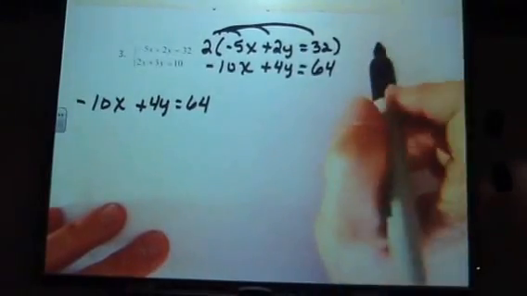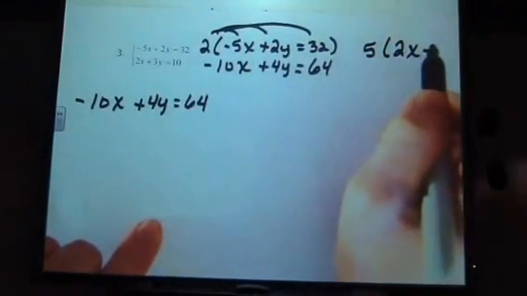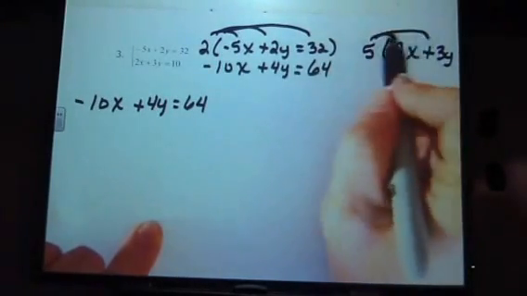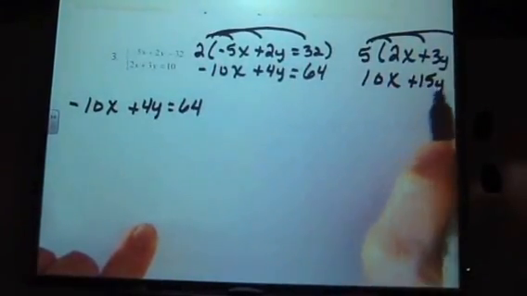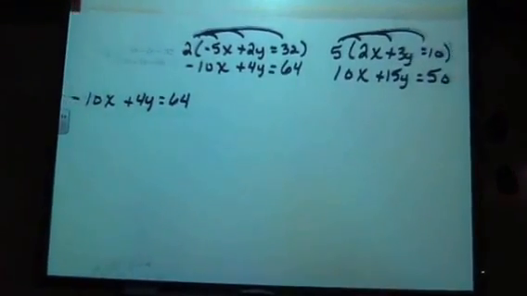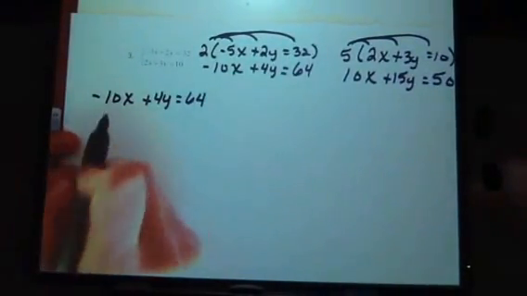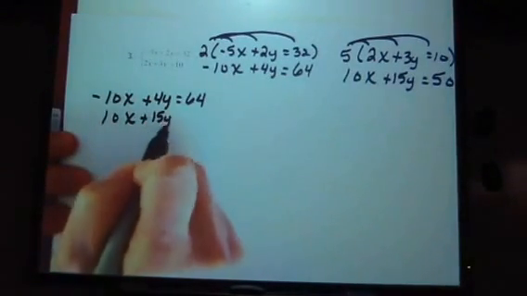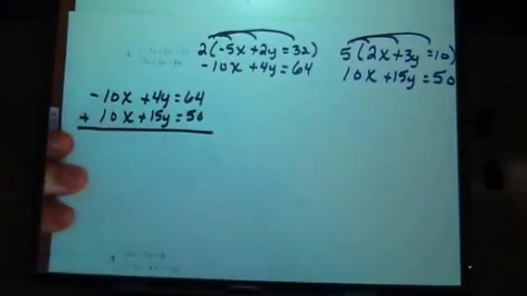Now for my second one, we're going to multiply it by 5. Now we can add.